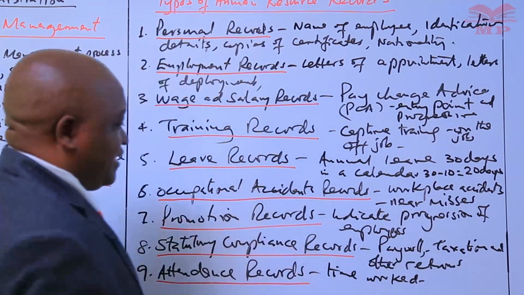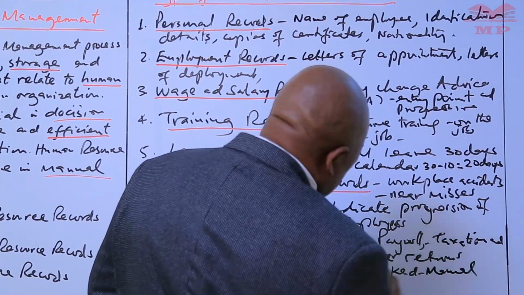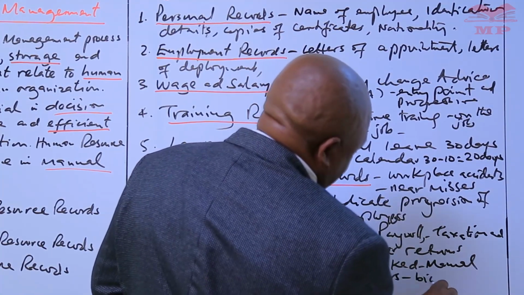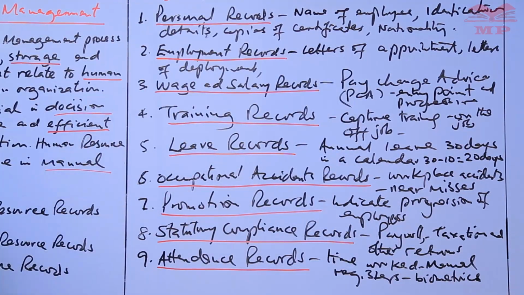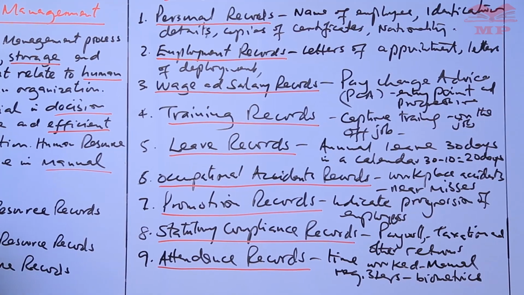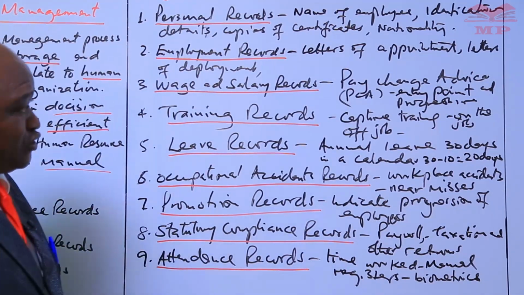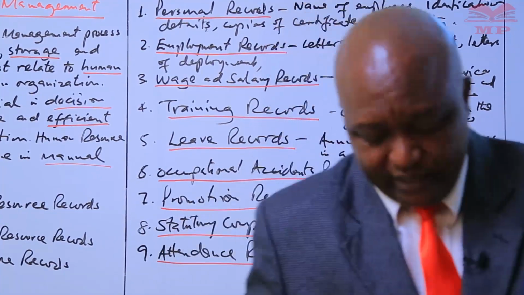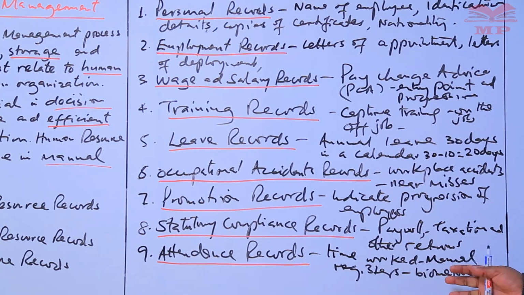Some organizations have manual registers, while other organizations have moved to biometrics, where the attendance of employees is captured by electronic means, so that when decisions are to be made regarding employees, that becomes possible. So this could also be some of the records.